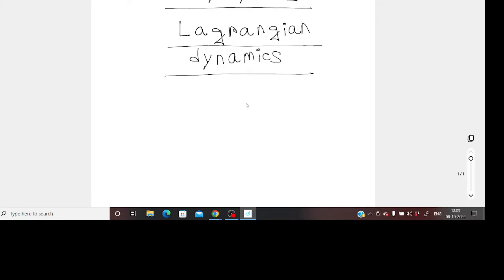So today we'll discuss classical mechanics and Lagrangian dynamics. Are you all familiar with Lagrangian dynamics? Yes or no?